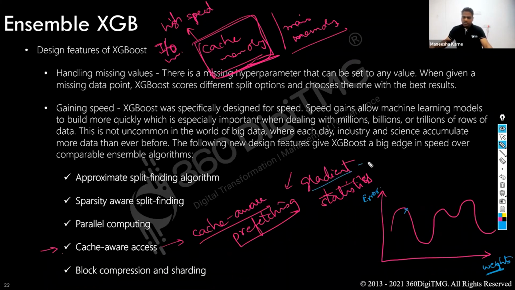Gradient is also called the rate of change, or it is called the derivative, or it is also called the slope. So you reduce your gradient to minimize your error.